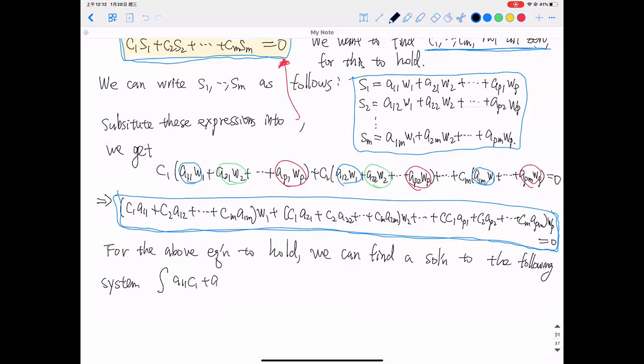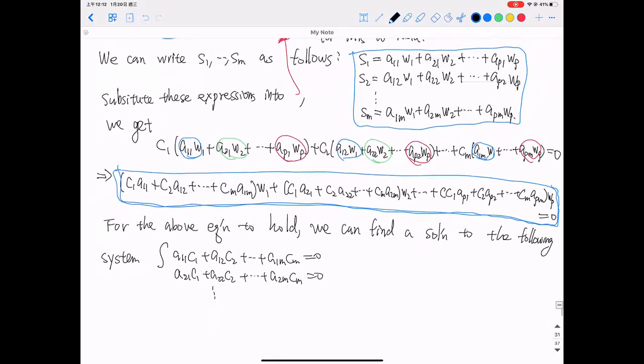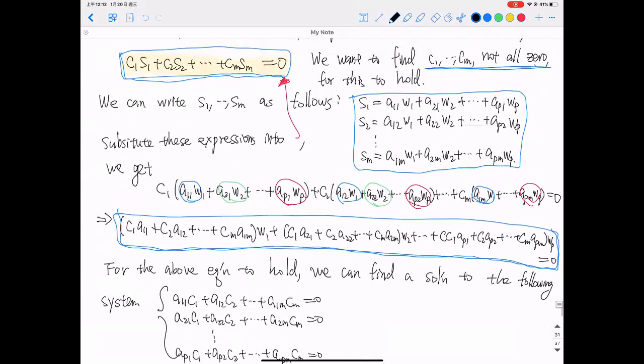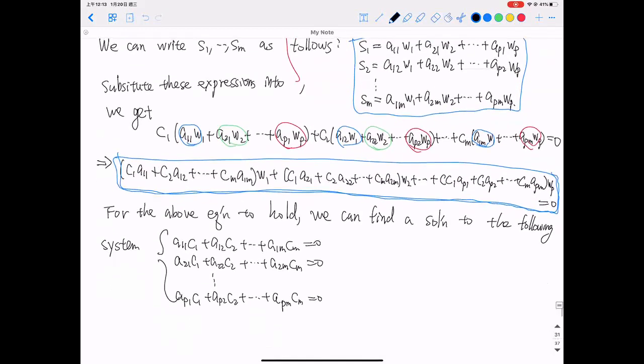A11 C1 plus A12 C2 plus A1m Cm equals 0, A21 C1 plus A22 C2 plus A2m Cm equals 0, finally AP1 C1 plus AP2 C2 plus APm Cm equals 0. Again, the unknowns are the C's, and we would like some of the C's to be not zero.